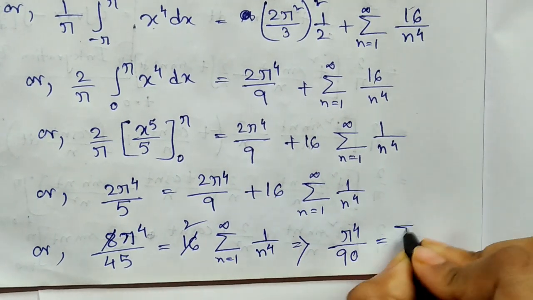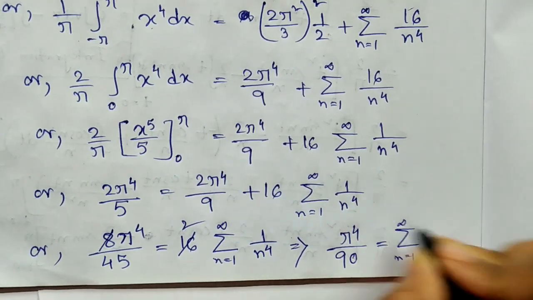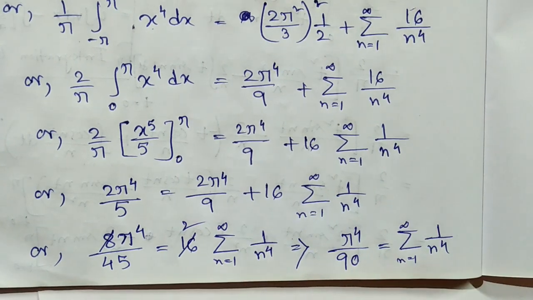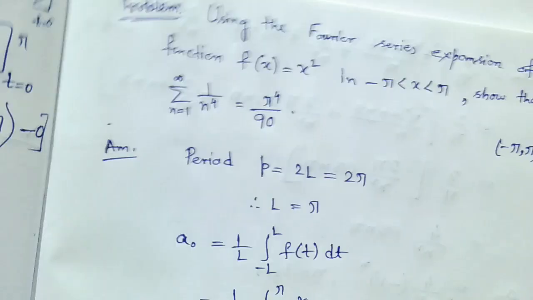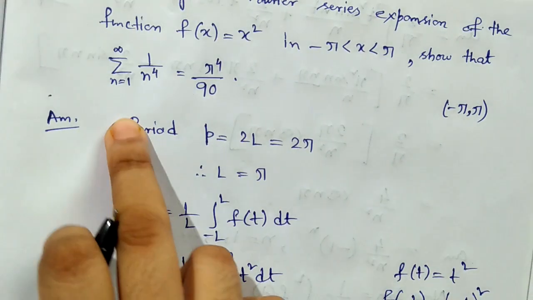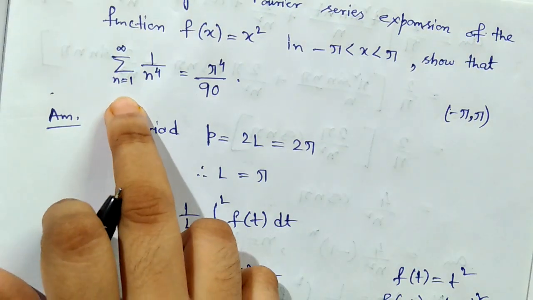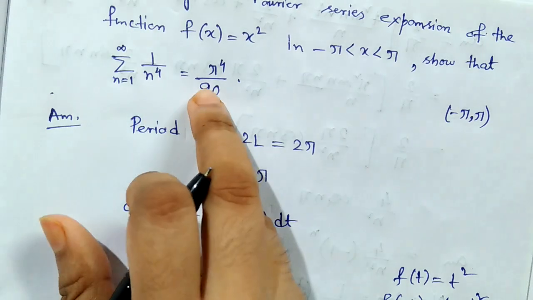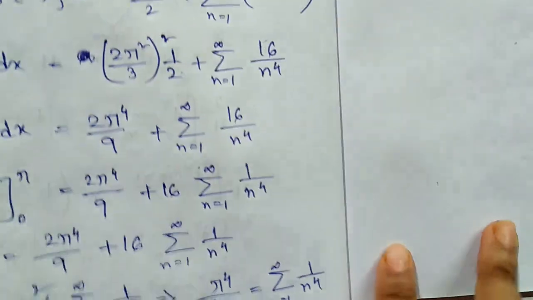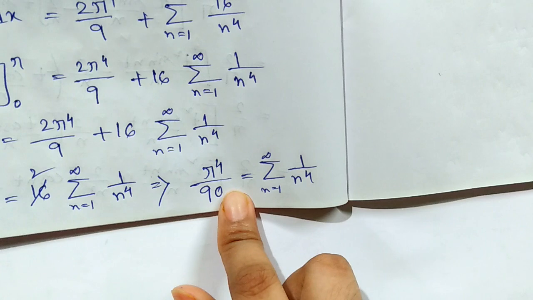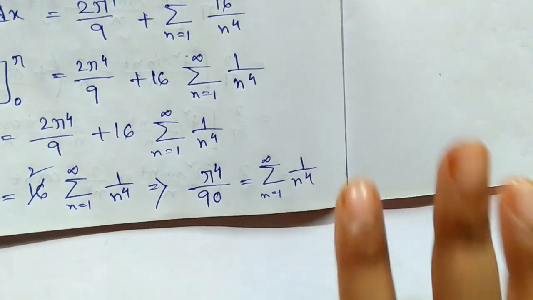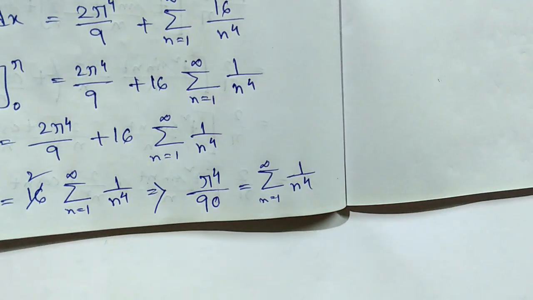This is equal to summation n equal to 1 to infinity 1 by n to the power 4. See the question, this is our question. So that summation n equal to 1 to infinity 1 by n to the power 4 equal to pi to the power 4 by 90. So hence we prove the result.